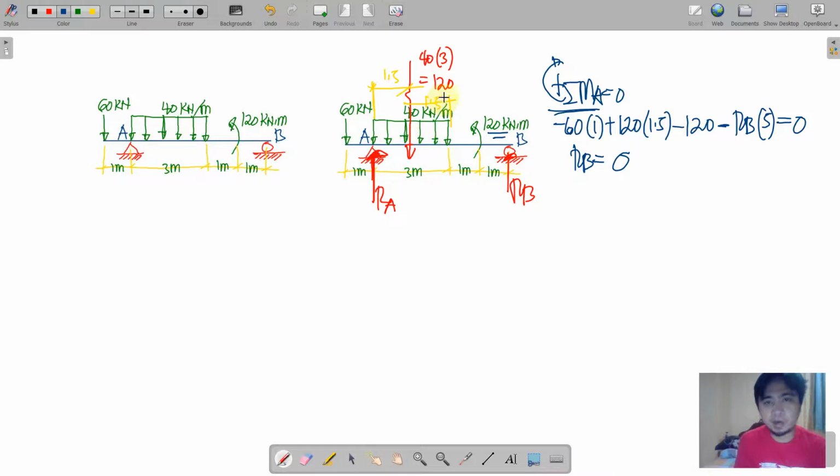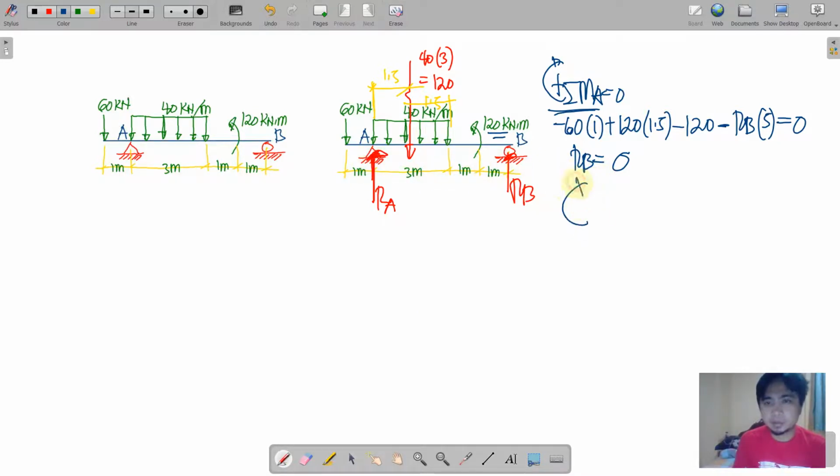So upon observation, all of the downward vertical forces are 120 plus 60, that is 180. So we should have a reaction at A that is equivalent to 180. The couple here has nothing to do with the vertical forces or any horizontal forces. So do not mind this couple when talking about vertical or horizontal forces.